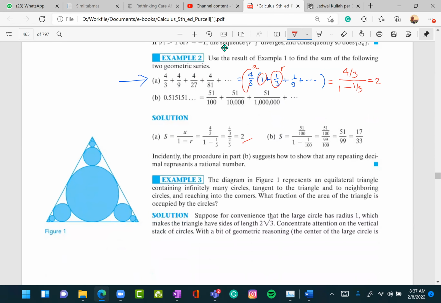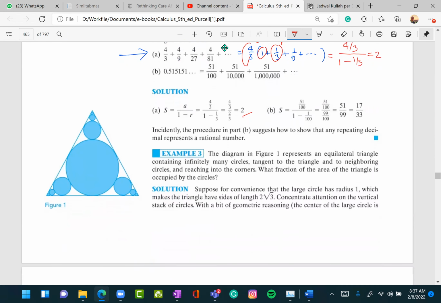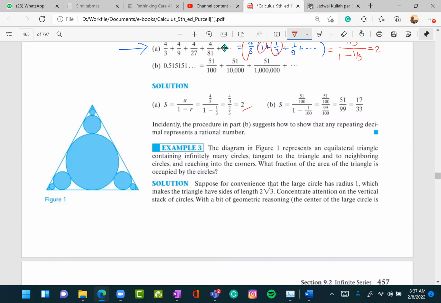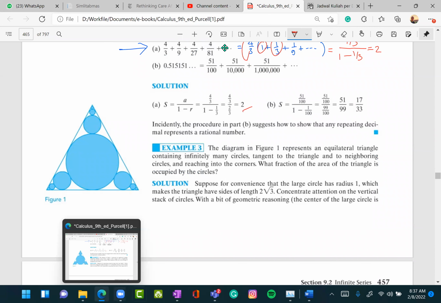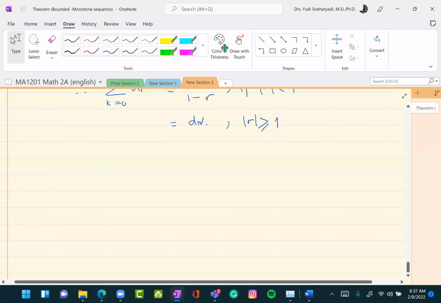So we won't do more geometric ones, but we'll show you this one here. Write this down as a repeating pattern.